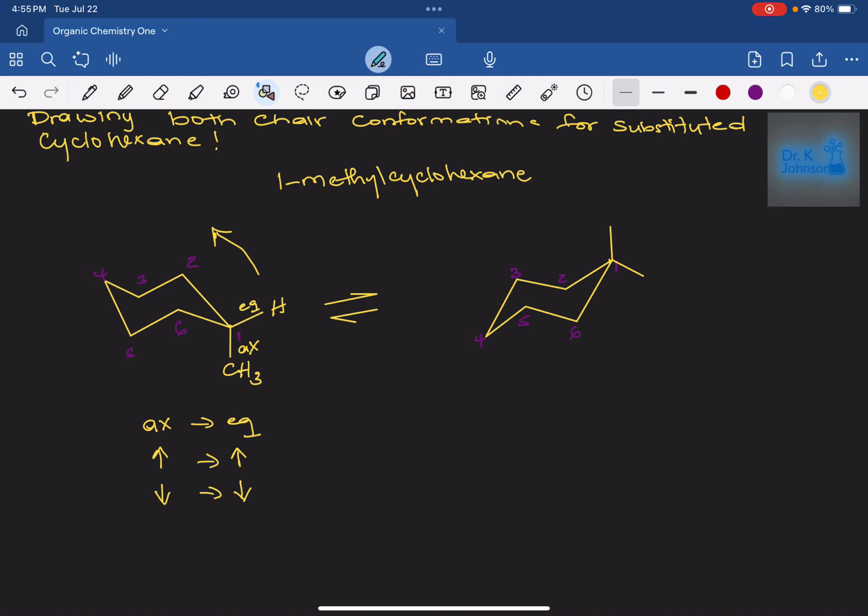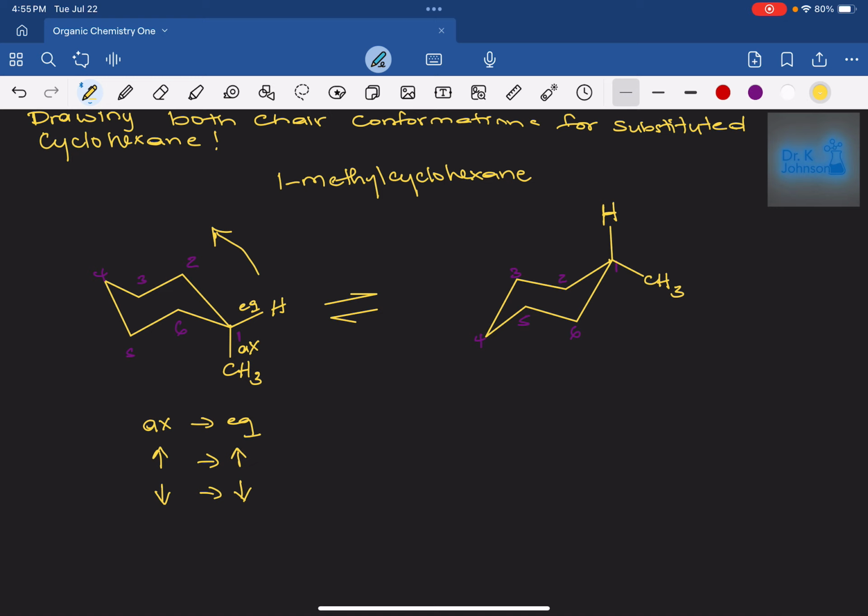So on carbon number 1, when my chair rotates, my CH3 needs to be in the down position. And remember, if it's axial, it becomes equatorial. The only bond that is down in this chair is the equatorial bond. So your CH3 is right here and your hydrogen is right here.